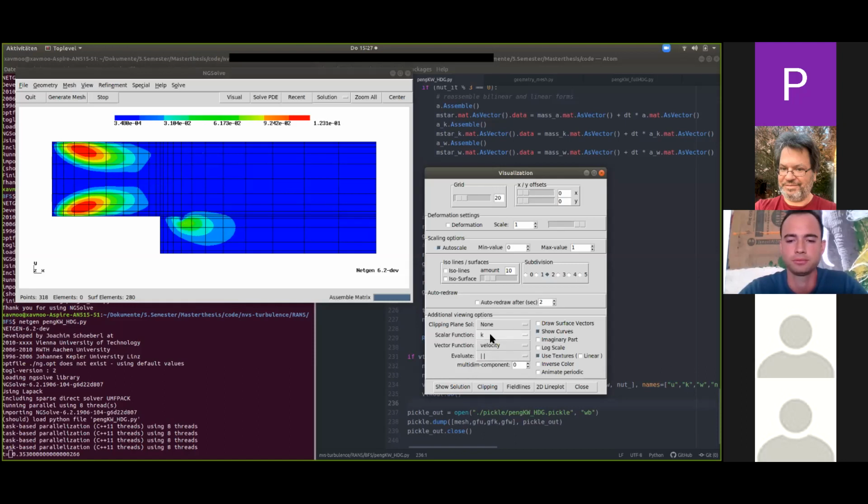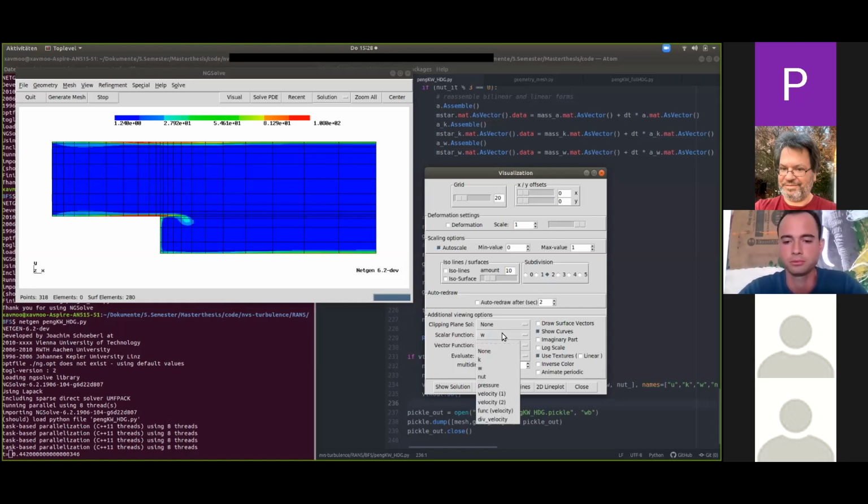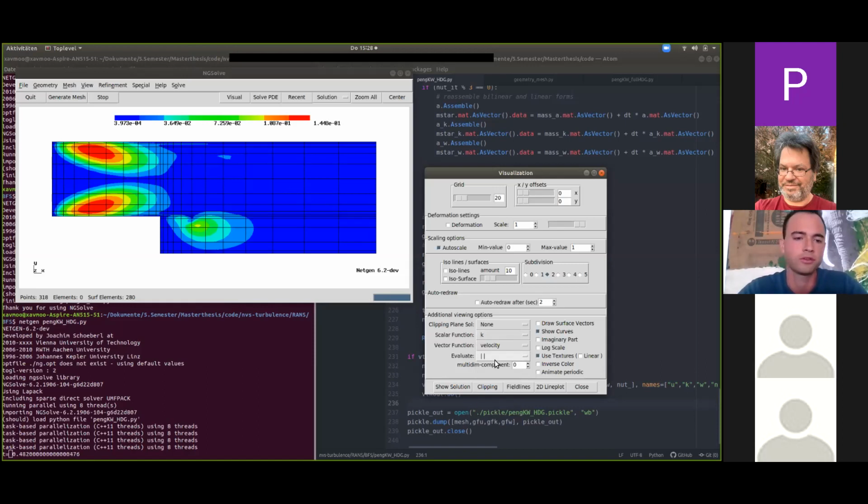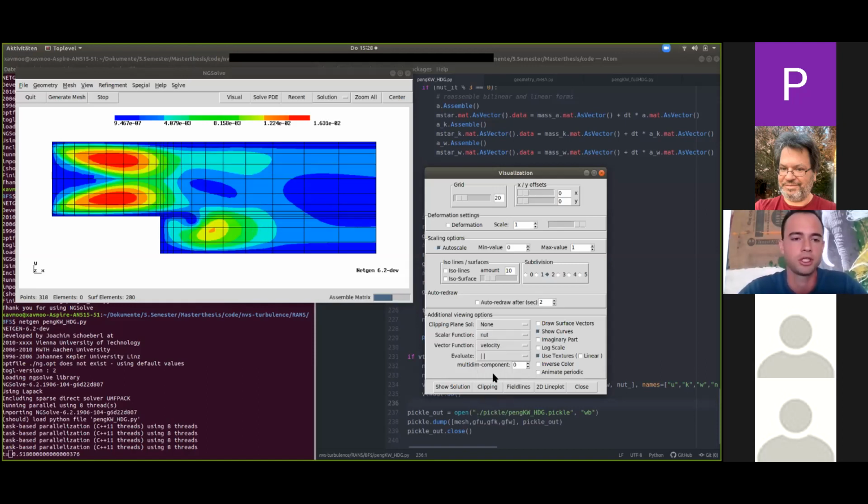And that's omega, which obviously has very high values directly at the border, at the solid walls. So after many, many time steps, we would then achieve some kind of convergence to a stationary point.